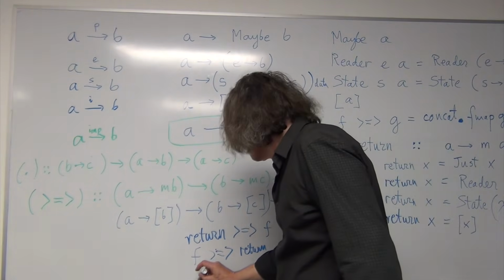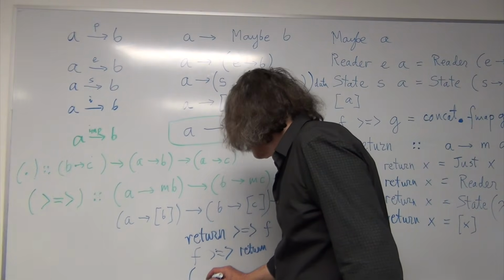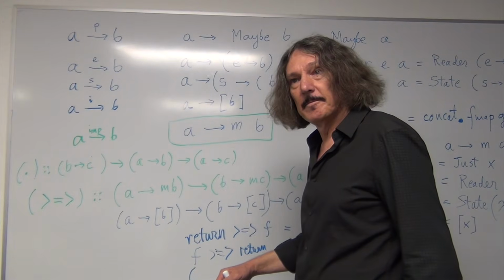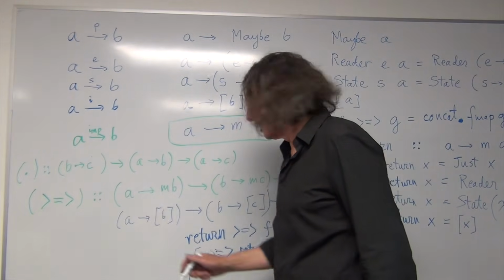And the other thing that we require is that fish is associative, just like dot was associative, right?